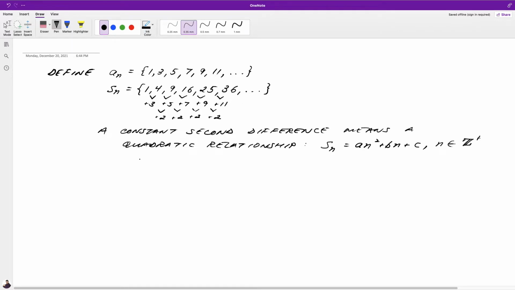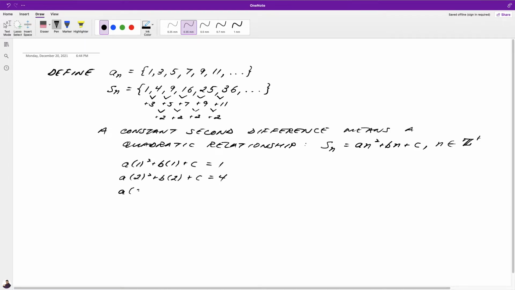So again, plug in 1, out comes 1. So a times 1 squared plus b times 1 plus c equals 1. Plug in 2, get out 4. So a times 2 squared plus b times 2 plus c equals 4. Plug in 3, out should come 9.